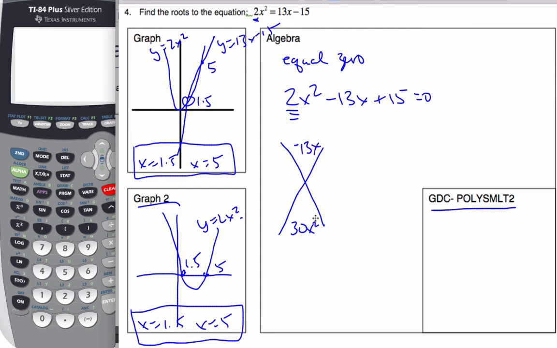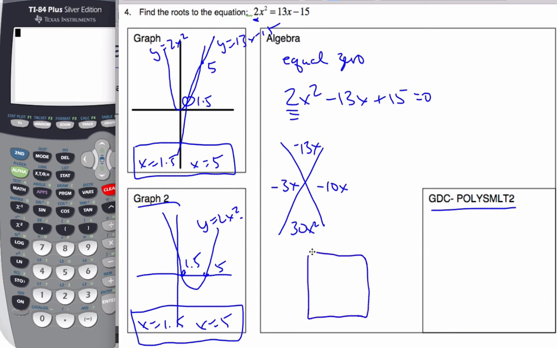And what two numbers multiply to get 30 and add to get negative 13? Well, if I think about that, it's going to be a negative 10x and a negative 3x. They multiply to get positive 30, and they add to get negative 13.